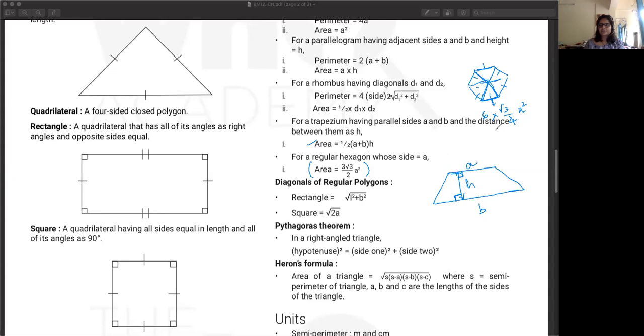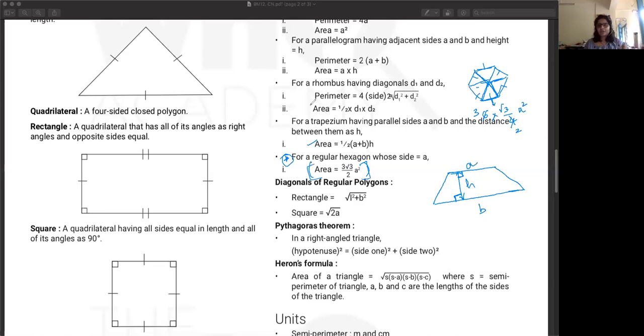On simplifying, 2 threes are 6, 2 twos are 4, so that's how you get 3 root 3 by 2 a square. Even if you don't remember this formula, it's all right, you can derive it yourself. As long as you know the hexagon is made of 6 equilateral triangles, you can derive it yourself in rough.